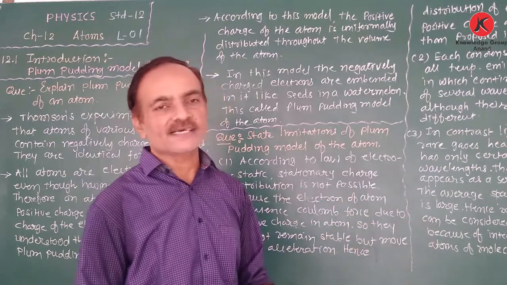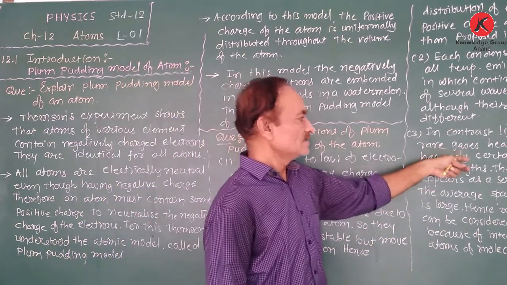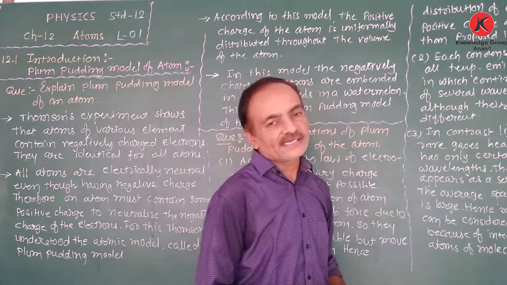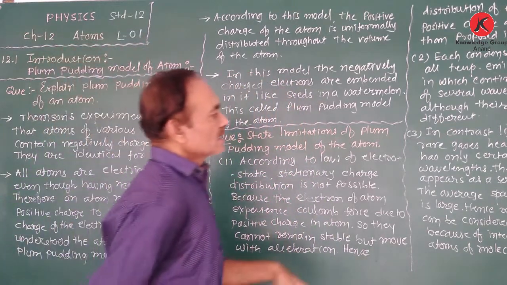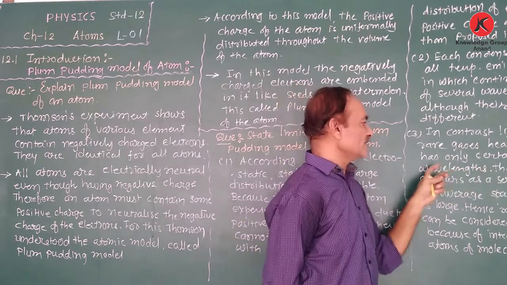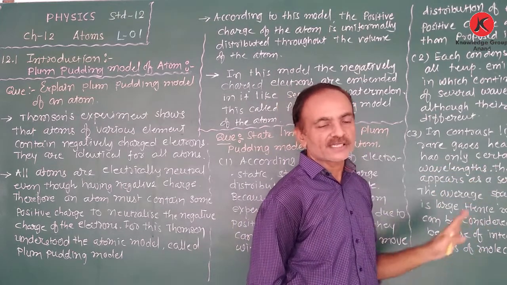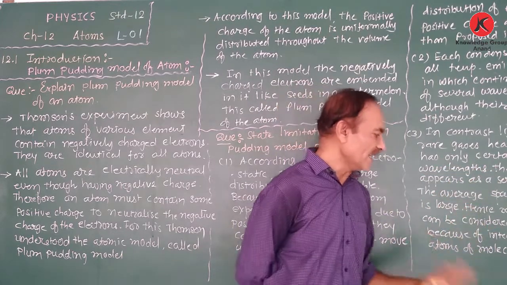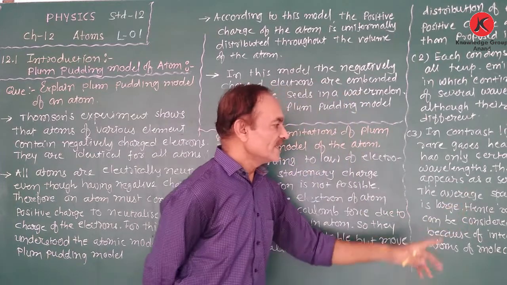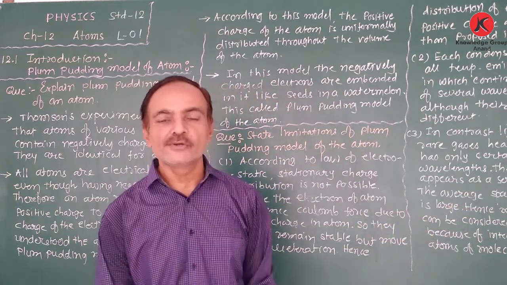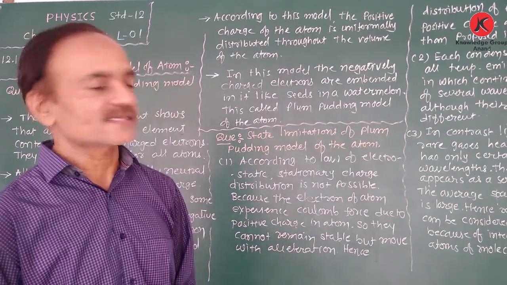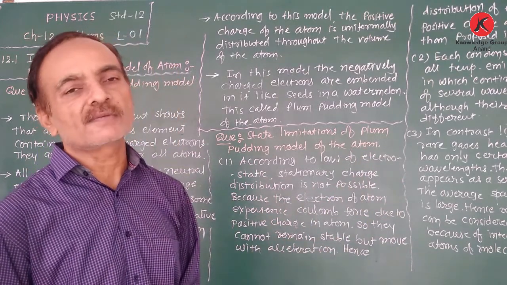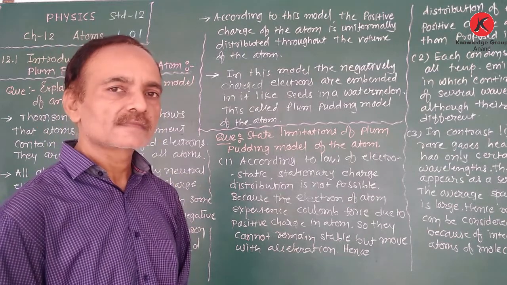Therefore, when we obtain the light due to emission by the rarefied gases, discrete wavelengths are obtained, not continuous ones. So it shows that radiation emitted can be considered due to the atoms rather than because of the interaction between the atoms of the molecule. Clear?